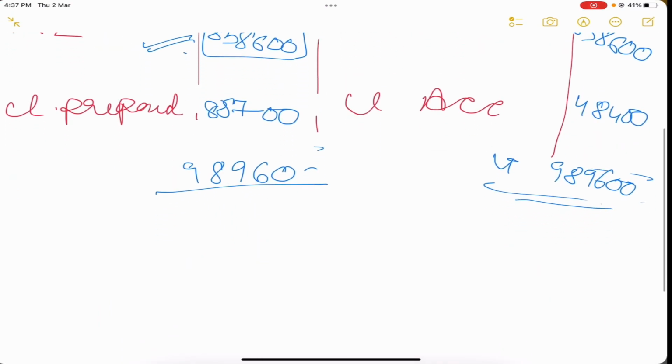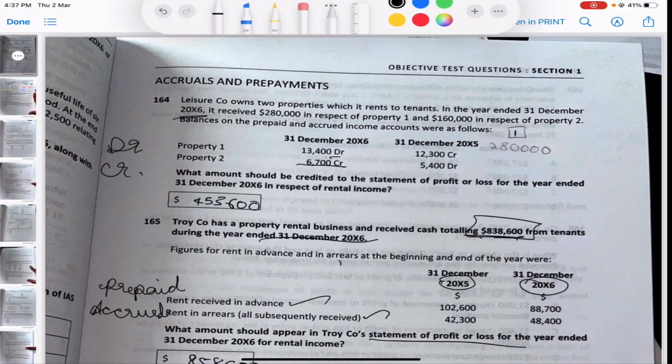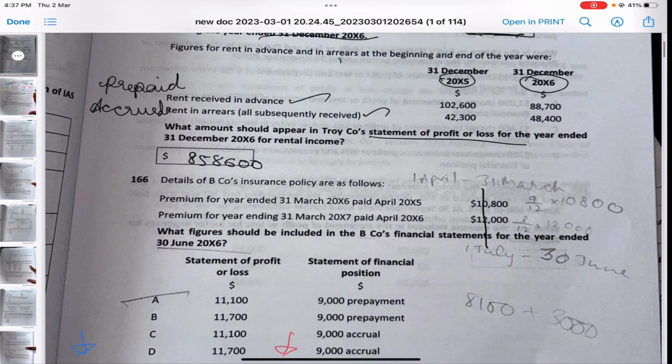This would be our answer. Okay, so we are done with 165 also.